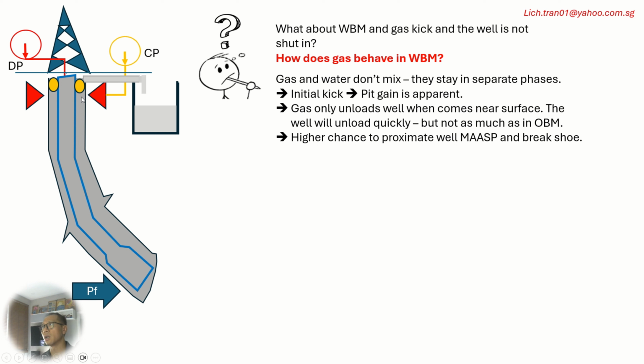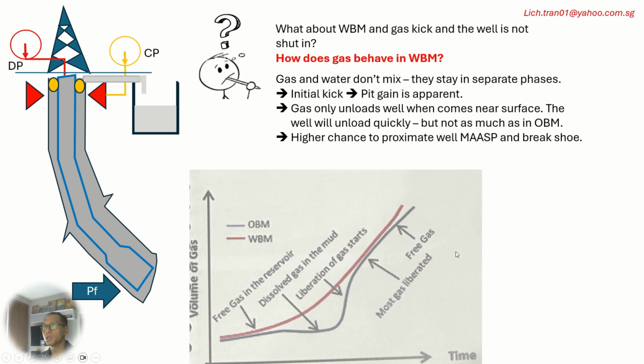When it's very near the surface, it unloads, and you will see the annulus unloading more than before, but not as much as in oil-based mud. Because of these features, you have a higher chance to approach or exceed the MASP at the shoe and may break the shoe, and casing pressure will also be higher than in oil-based mud.